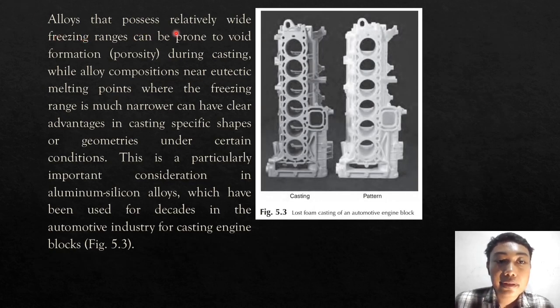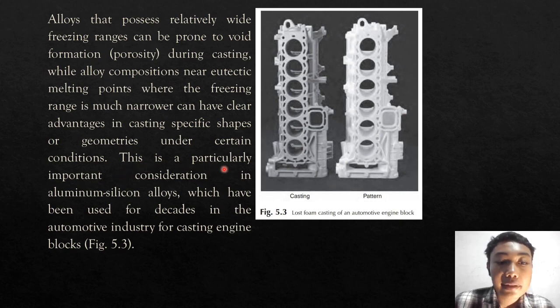Alloys with a relatively wide freezing range can be prone to void formation, or porosity, during casting, while alloys with a composition near the eutectic melting point, where the freezing range is much narrower, can have clear advantages in casting specific shapes or geometries under certain conditions.